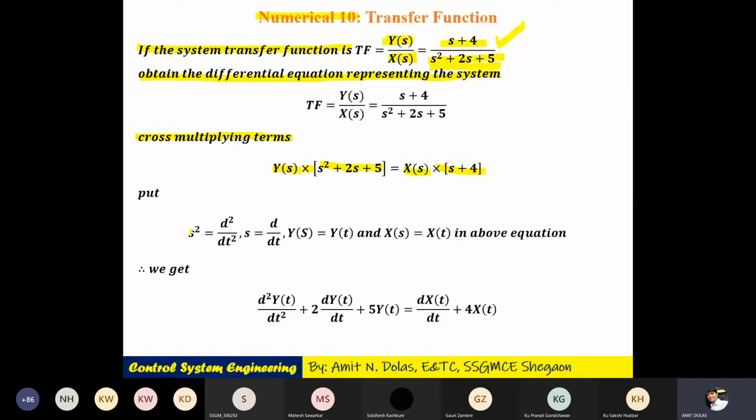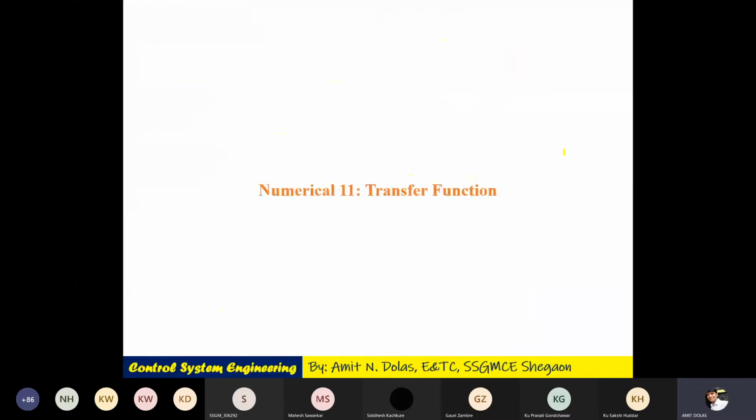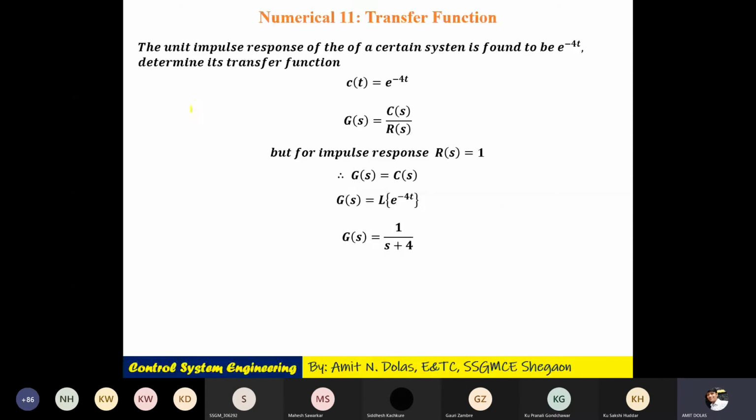Then we'll put s square equal to d square by dt square, s equal to d by dt, Y of s equal to y of t in the time domain, and X of s equal to x of t in the above equation, and we get d square y(t) by dt square plus 2 dy(t) by dt plus 5 y(t) equal to dx(t) by dt plus 4 x(t). So in this way, the given transfer function is converted into differential equation form. So maybe 3, 4, 5 marks, whatever. Then numerical number 11.